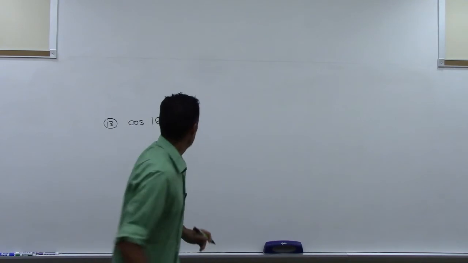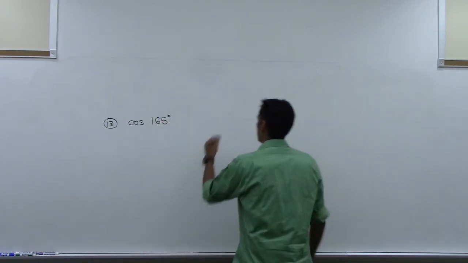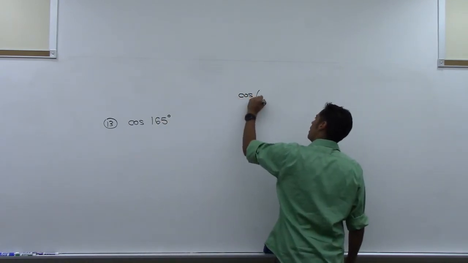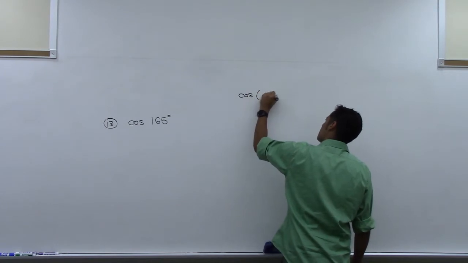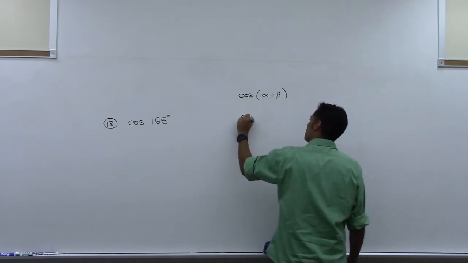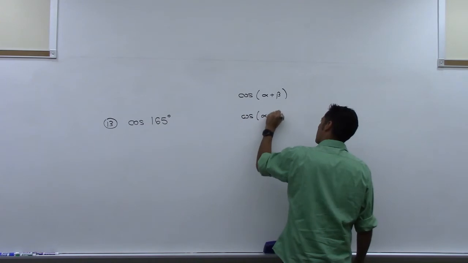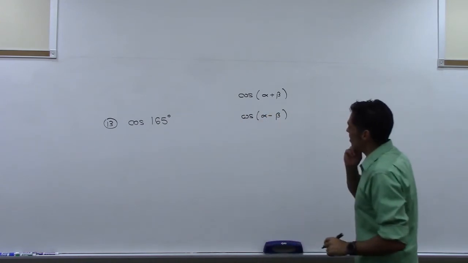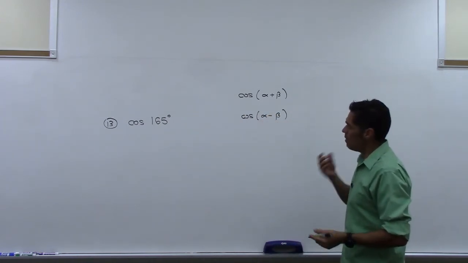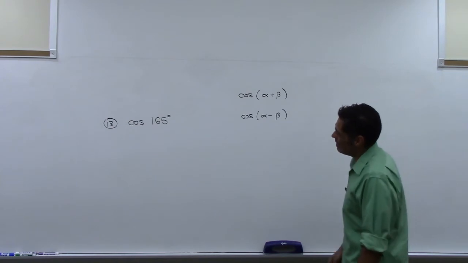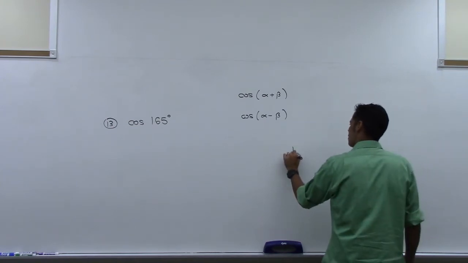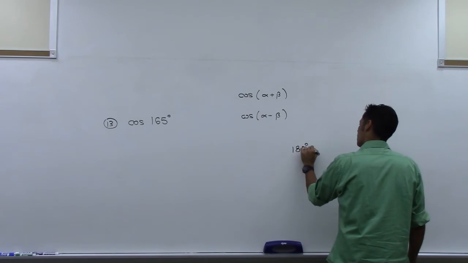So what we want to do is figure out if we can rewrite this as cosine of alpha plus beta, or cosine of alpha minus beta, where alpha and beta are two angles we know. So that looks like 165 is 180 degrees.